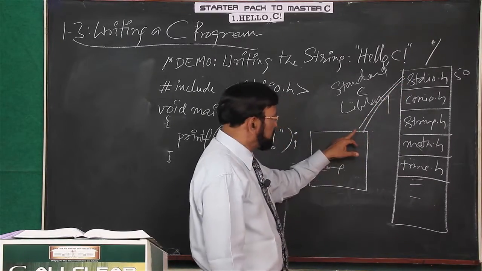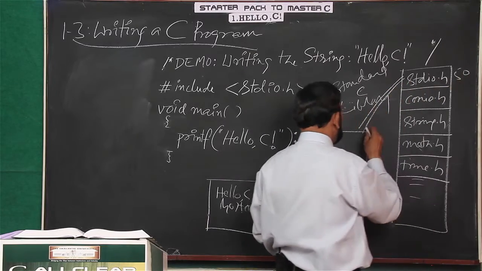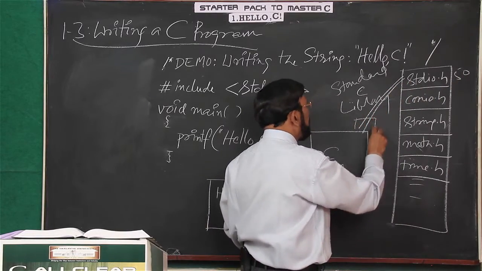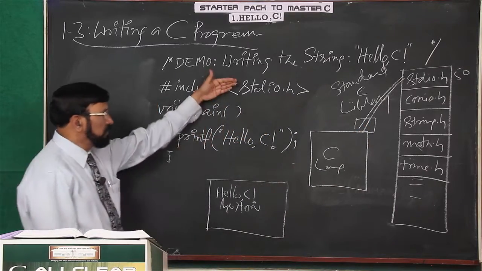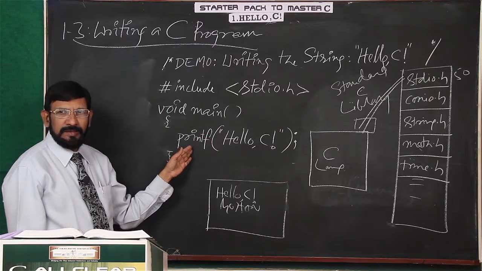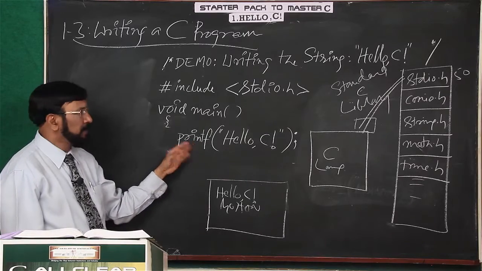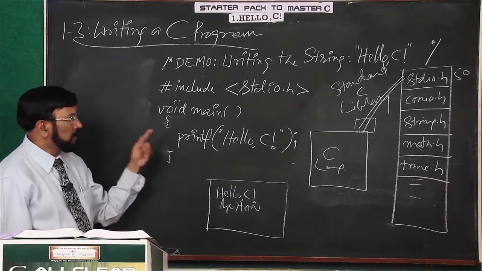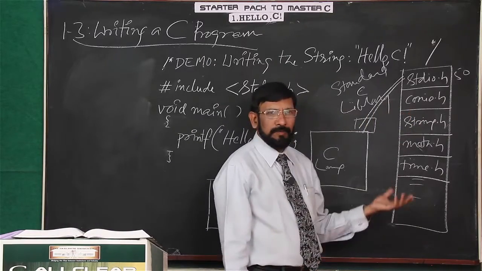If you link up like this only, then all these functions, there are around 50 functions, are waiting at your doorstep, at your program. Then whichever of the 50 functions you want, you can call here and use in your program. That is the strategy that C developers have developed.